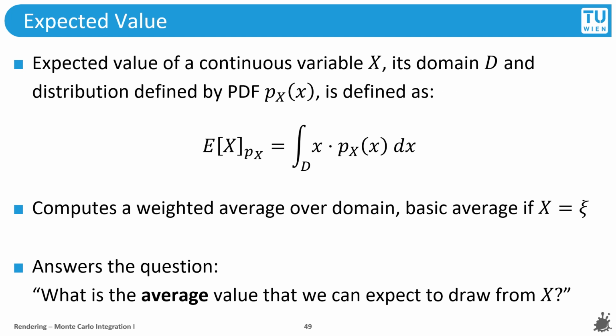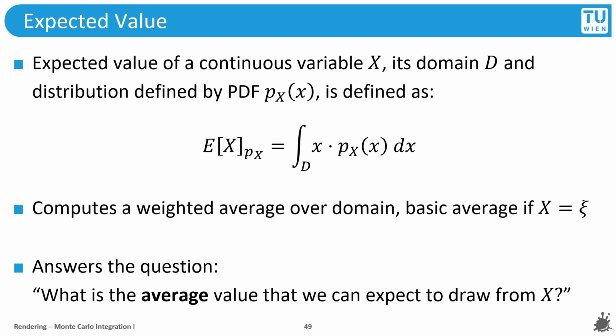The expected value, denoted by capital E, of a continuous random variable with a given distribution is computed as the integral of all possible values x over the entire domain or range that the variable covers times the corresponding output of the probability density function. In the discrete case, we would be computing the sum of the products of all values of x times the probability of seeing each specific value.